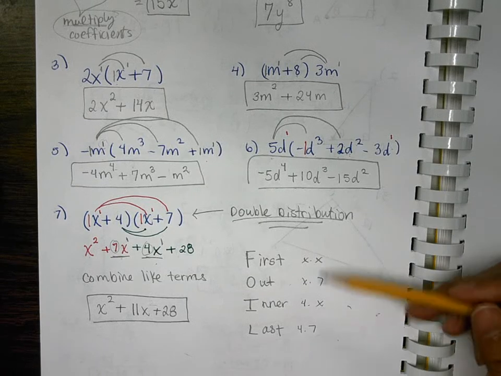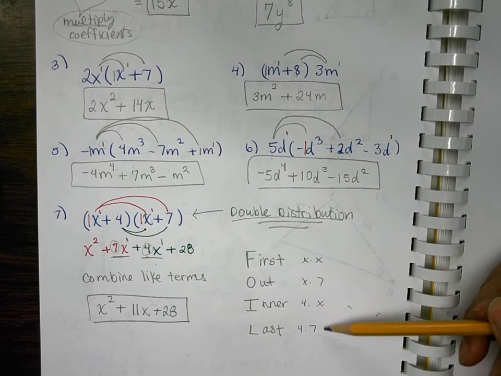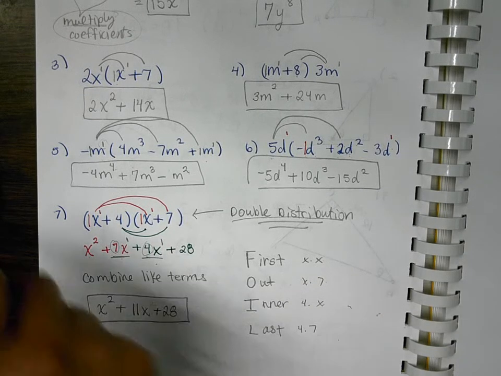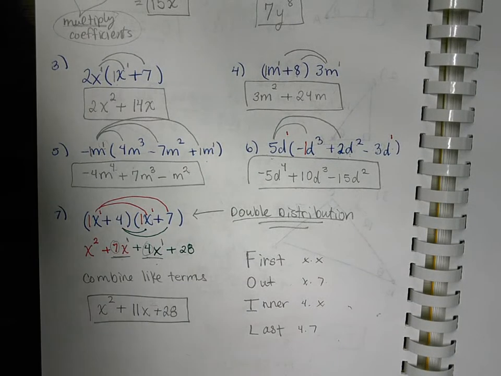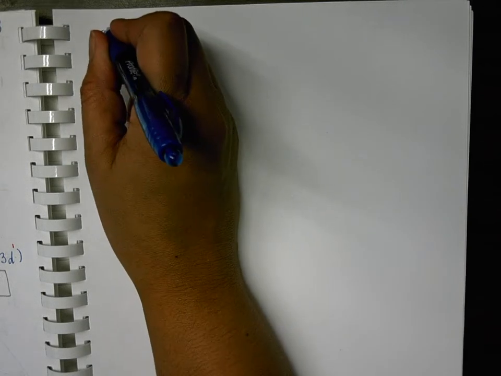They list it this way, and it helps them. So if that helps you visualize it better when you break it up this way, then do it that way. Do what works best for you. Questions before I move on?